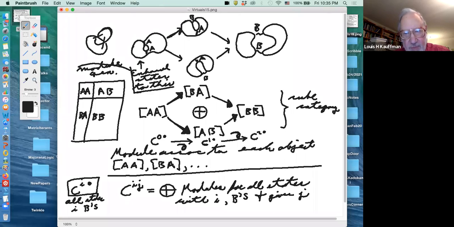And different numbers of J's will happen in here. But this is only no B's, this is 1B, and this is 2B's, and that's the form in which our chain complex is going to assemble itself. And we have to stop now because we're out of time, but I will begin next time by working on exactly how we do this to define Khovanov homology.